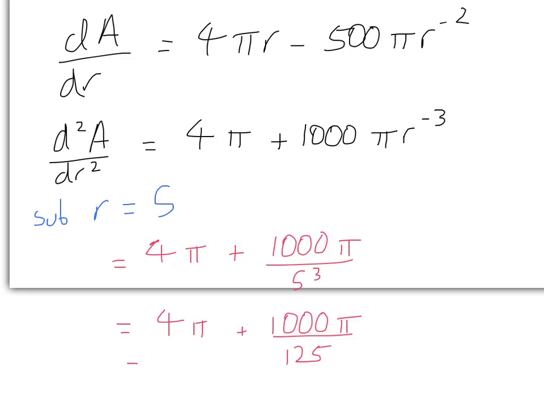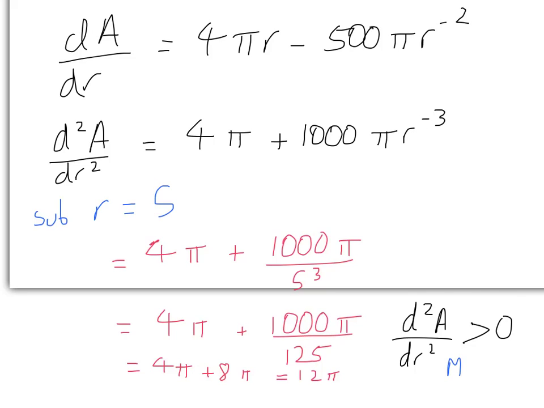So we've got 4 pi plus 8 pi, which you'll find is 12 pi. It's equal to 12 pi. Now, as this value is a positive value, so d squared A by dr squared is greater than 0, we have ourselves a minimum value.